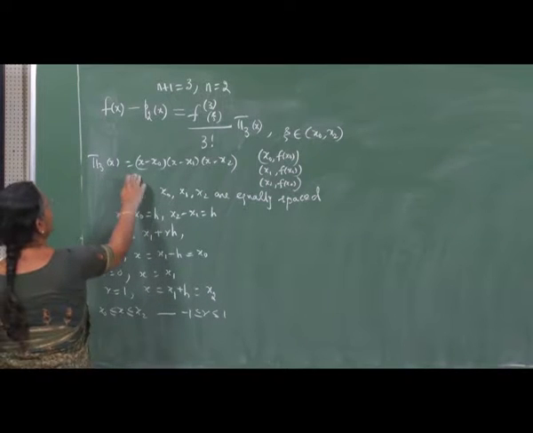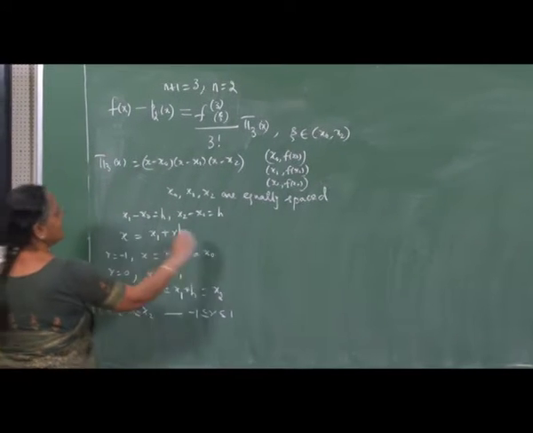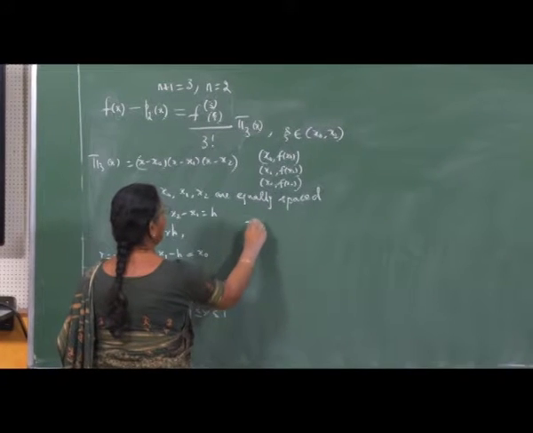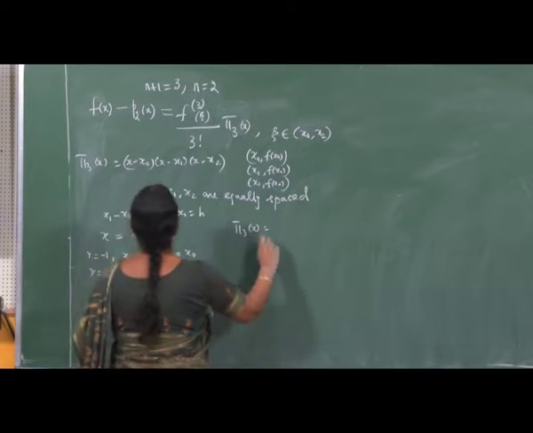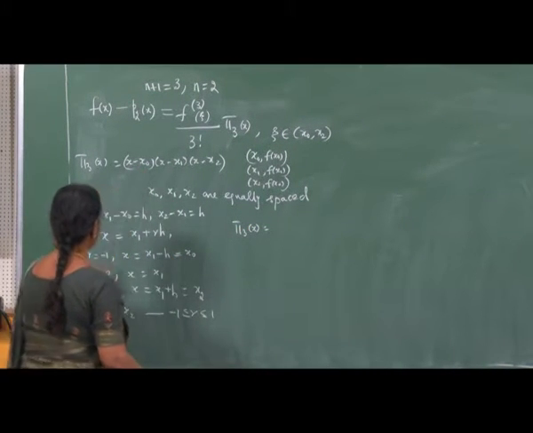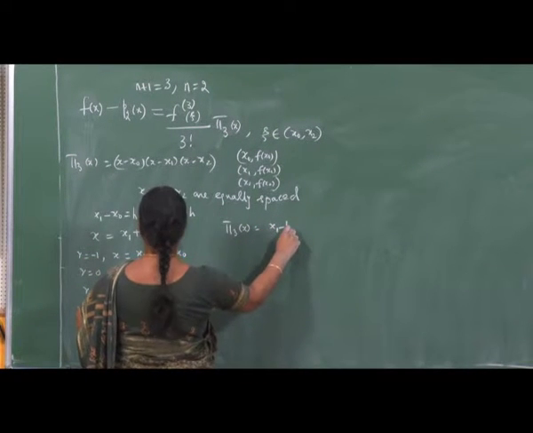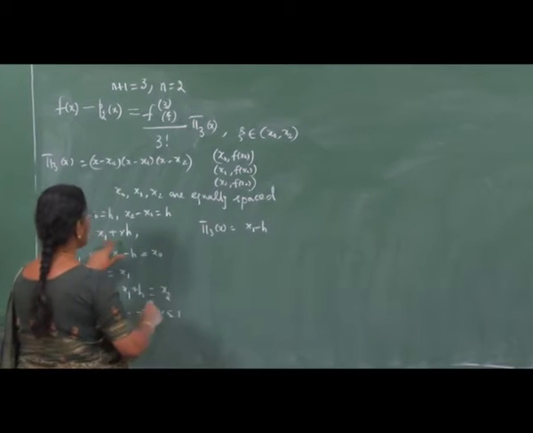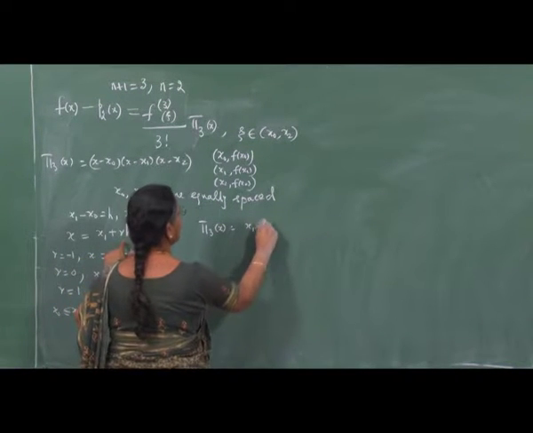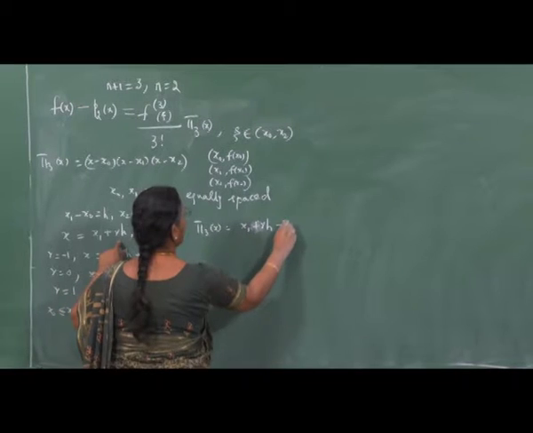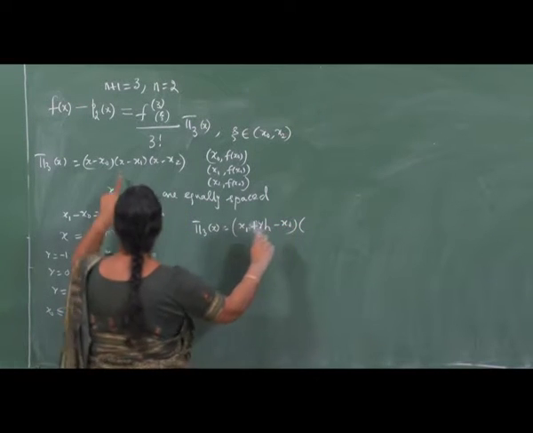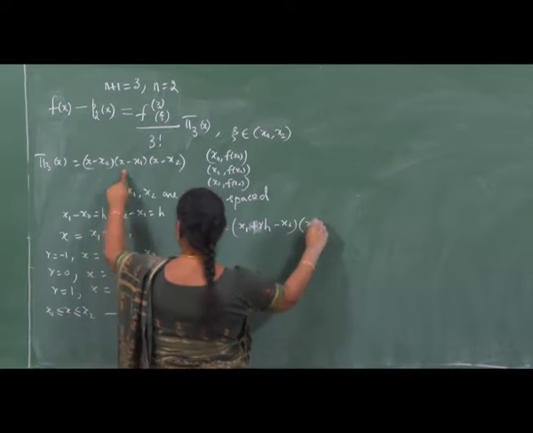So, I shall write down this pi 3 of x. What is pi 3 of x? It is x minus x naught. What is x? x is x1 plus rh minus x naught, then x minus x1.